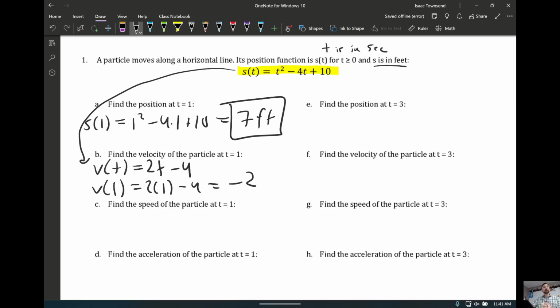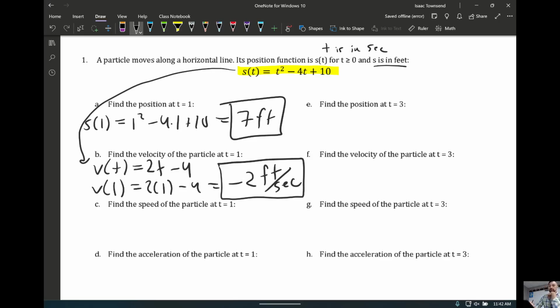Now velocity is very similar to speed, so it's got very similar units. It goes this far per this amount of time. You do need to put the units down, because when we do FRQs, lots and lots of our FRQs talk about position, velocity, and acceleration, and a lot of times the points come from doing the units correctly.